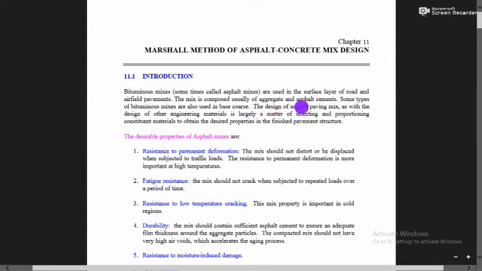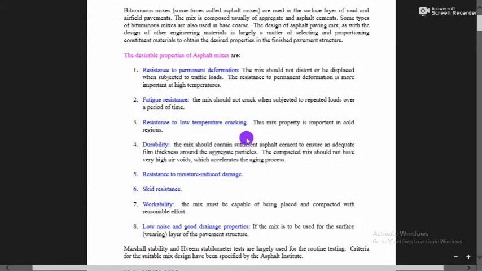The design of the asphalt paving mix, as with the design of other engineering materials, is largely a matter of selecting and proportioning the construction materials to obtain the desired properties in the finished pavement structure.